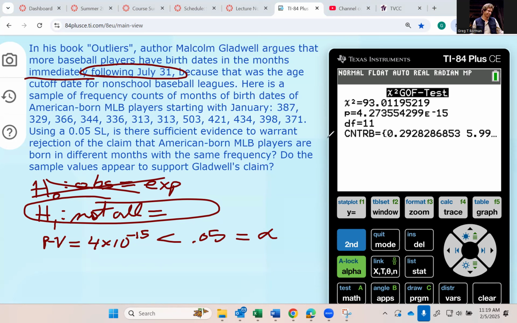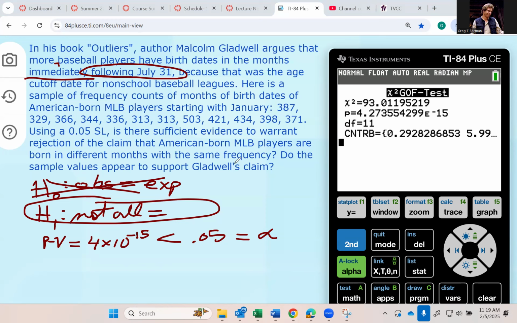It just says this test appears to support Gladwell's claim, but it does not verify it. It says there seems to be some differences, but who knows? If you look at the data more closely, maybe more of them are not following July 31st, but coming before it, or a little bit right before and a little bit right after.